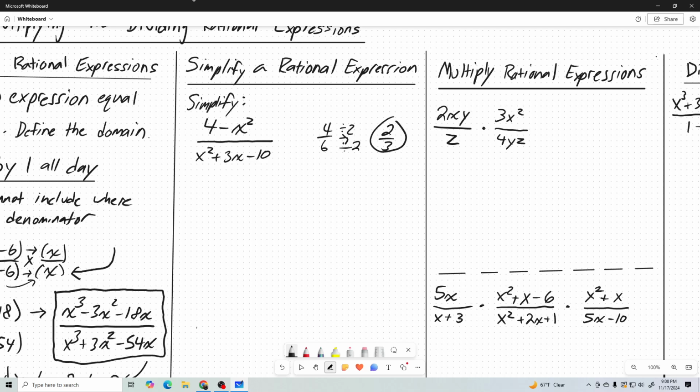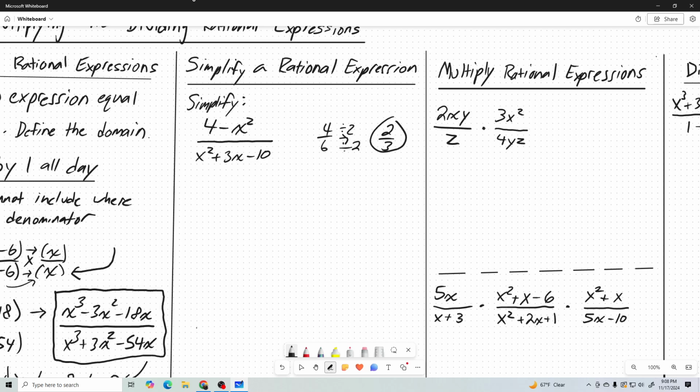Well, it's the same idea for rational expressions. We're going to find out what these have in common. We're going to remove them from the top and bottom, and then whatever's left over is going to be our simplified form. All right, so I'm glad that this problem has one of these little things up here, because we have a 4 minus x squared, and we're going to try to factor this.